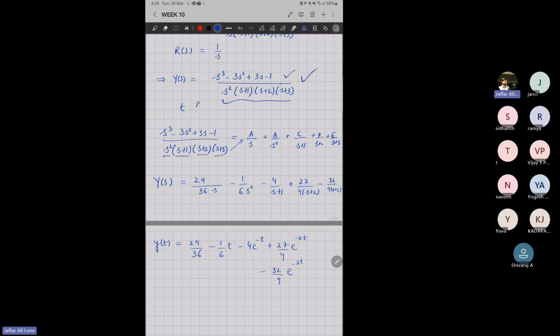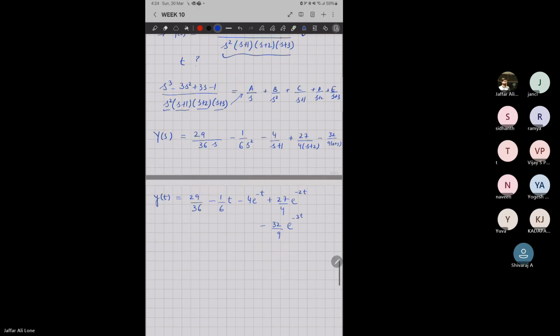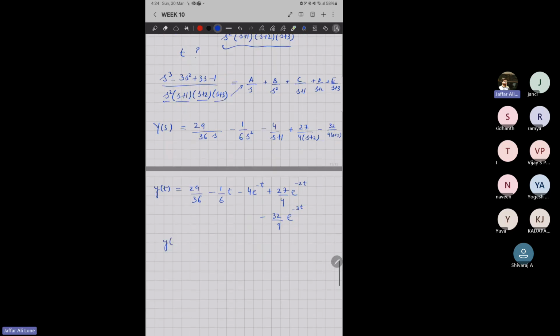Right? So this is the expression for y of t. Then what you'll do? You have to find zero crossing. So you have to find the value when y of t is equal to 0, right?